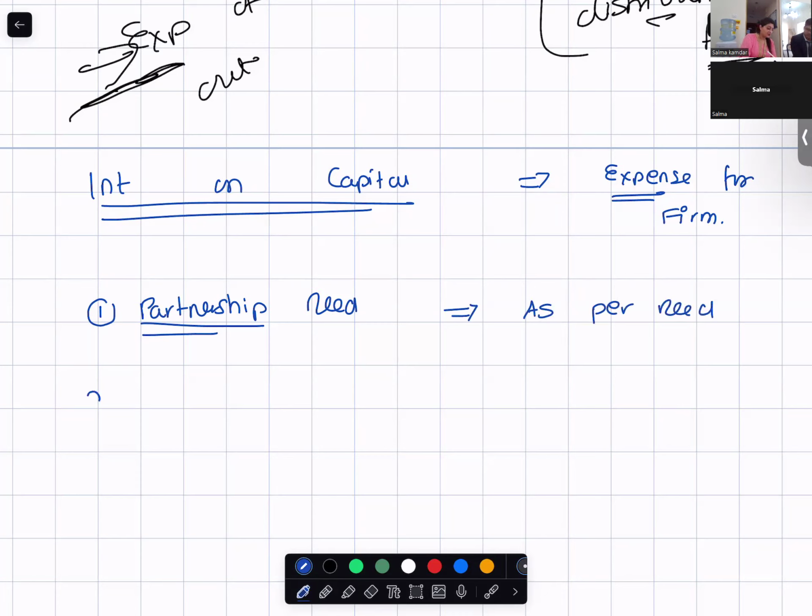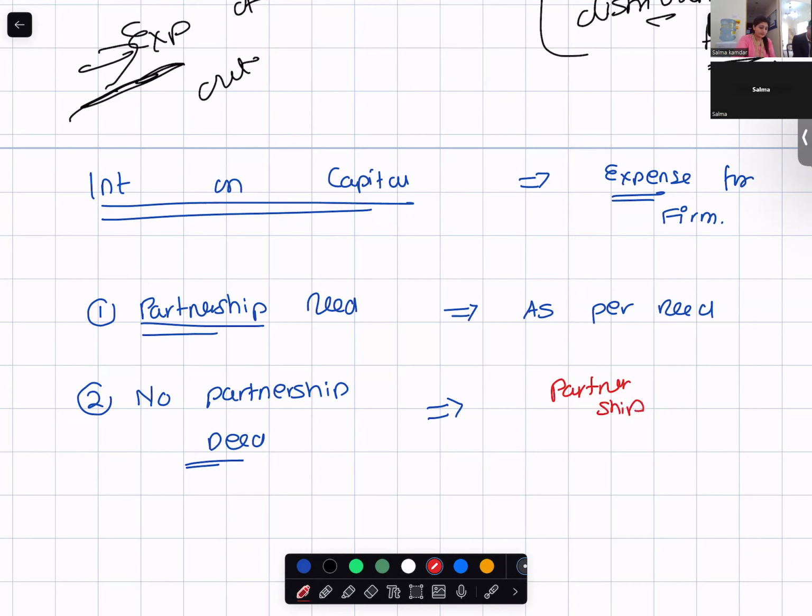If there is no partnership deed, what does that mean? That means we will follow the Partnership Act. And if we are following the Partnership Act, then interest on capital is not allowed.